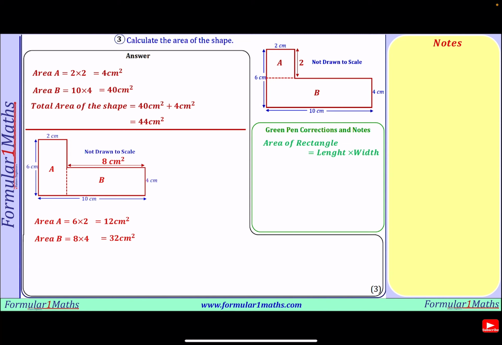And as we did before, we need to find the area of the whole shape. So we add them, and we finally get 44 centimeters squared, which is the same answer we got using the first method. So this is the end for past exam questions 005 for the foundation tier.